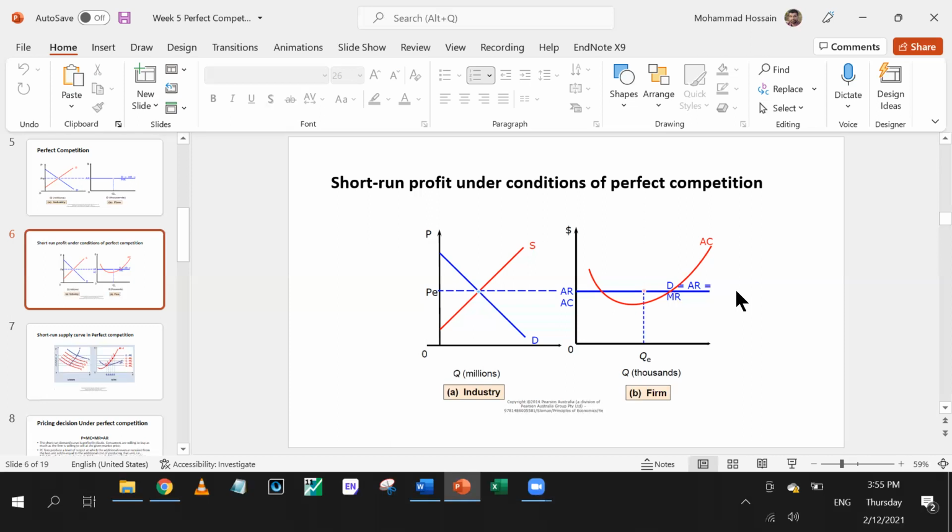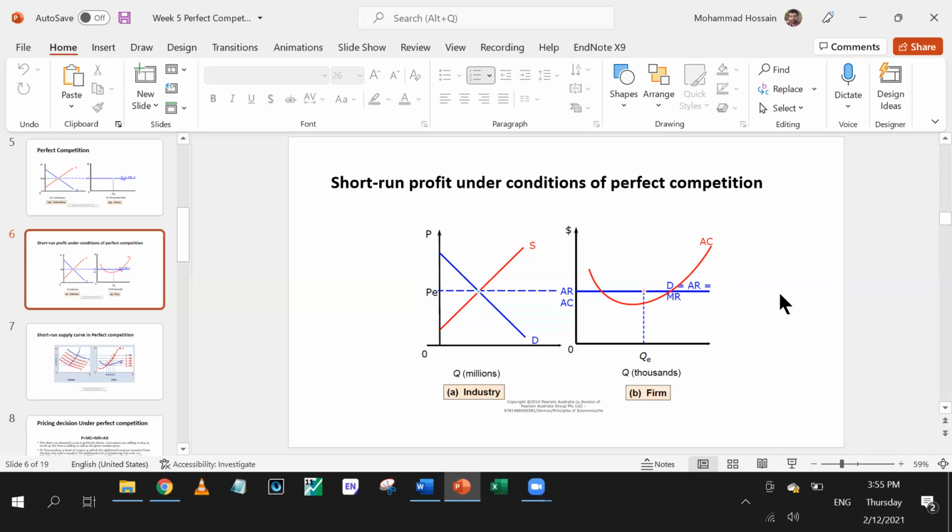It will be perfectly elastic. Like this demand curve, this is elastic, you can say it is flat. If it is steeper, then we know this is inelastic. But when a horizontal line is there, that's perfectly elastic.